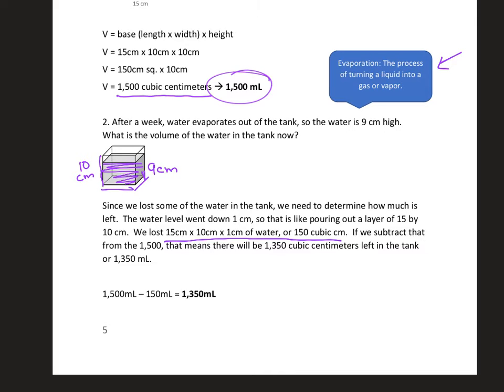And remember, 150 cubic centimeters is the same as 150 milliliters. So if you subtract 150 from the original 1,500 of the volume, there's going to be 1,350 milliliters of water left in the tank. I know that's a lot of information, so let's see if we can apply some of it.